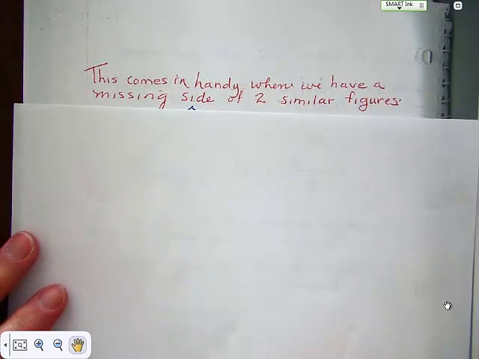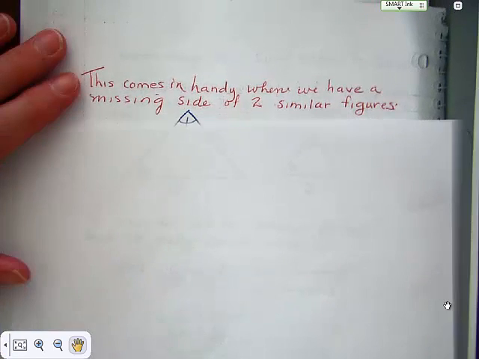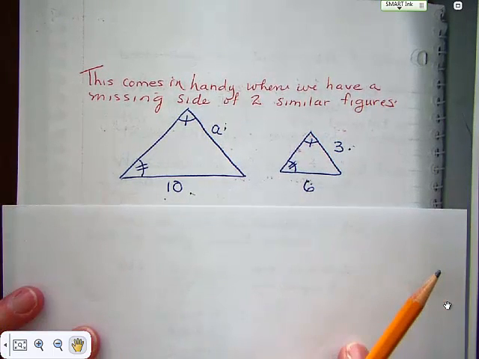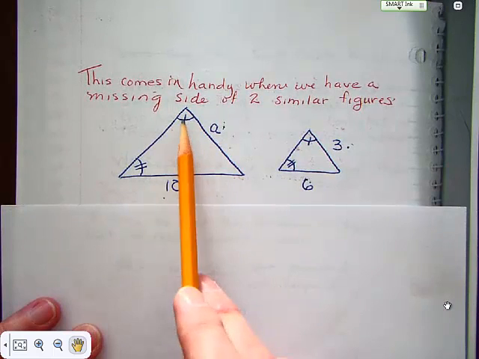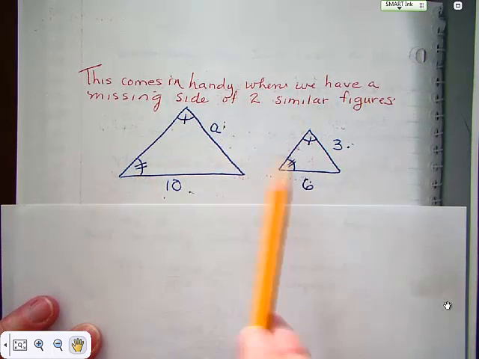Now this comes in handy when you have a missing side of a triangle and you know that the figures are similar. For instance, here you go. We have two triangles. We know that this angle and this angle are equal. This angle and this angle are equal.